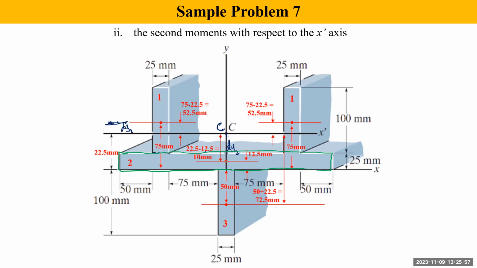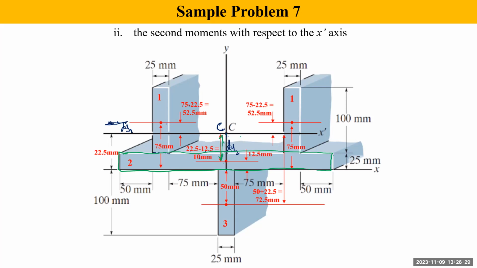The center of your figure is here, which is 12.5, and that side is 12.5. The entire distance between the centroidal axis and here is 22.5. So to get that distance, you subtract 22.5 minus 12.5, and it gives you this distance right here. All right?